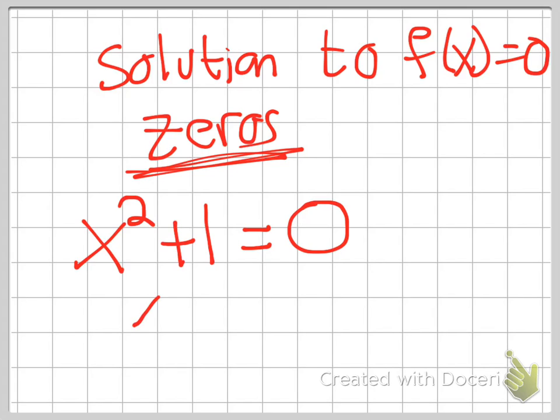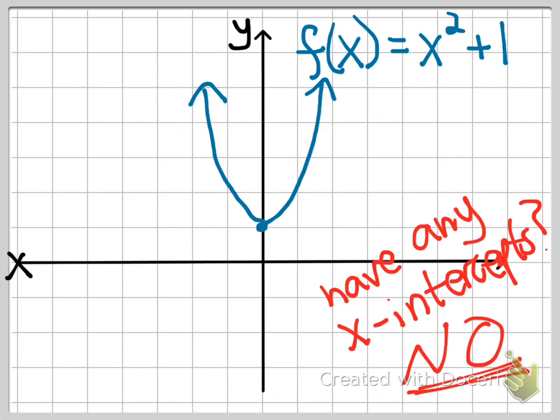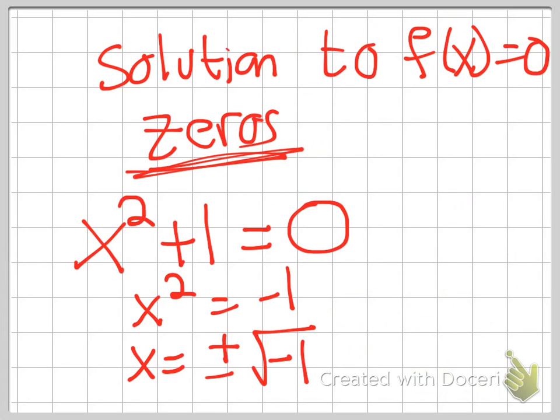You can subtract 1 from both sides, take the square root, and you're going to get x equals plus or minus the square root of -1. Because this never touches the x-axis, it never has an intercept. That's why these are called imaginary numbers. So that's sort of the beginning to it.